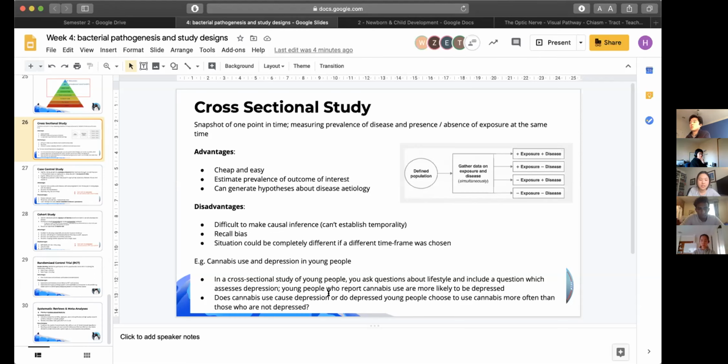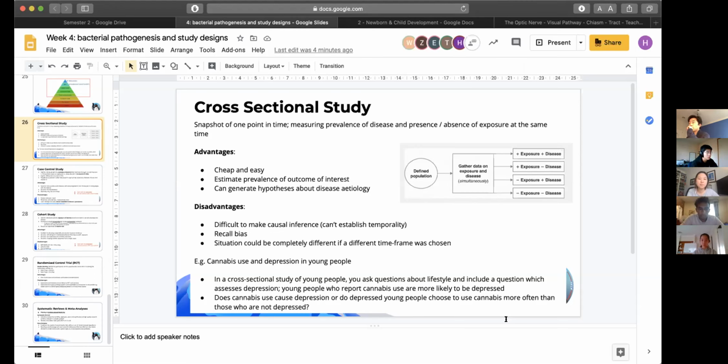So this is the example that will hopefully make it make sense. For example, if you're doing a study investigating cannabis use and depression in young people, and you're trying to find the link, you can do a cross-sectional study of young people, ask questions about their lifestyle, and include a question which assesses depression. And you find that young people who report cannabis use are more likely to be depressed.